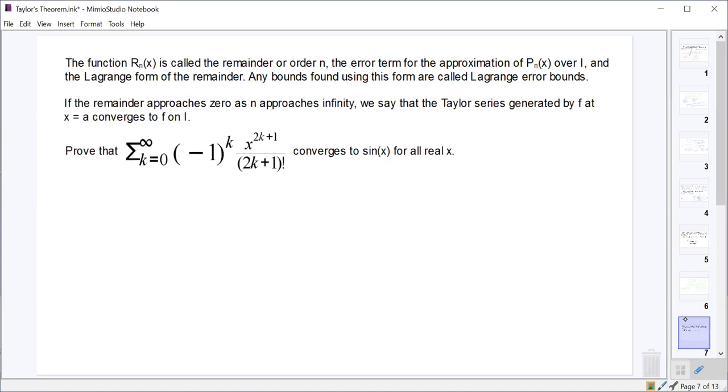And I will give you guys a second to read through this, and then we will talk about what all of this stuff means. We're going to use it to prove that sine x converges for all x. And then we're going to really do it numerically a couple of times also. So take a second to read through that, and then we'll talk about it.